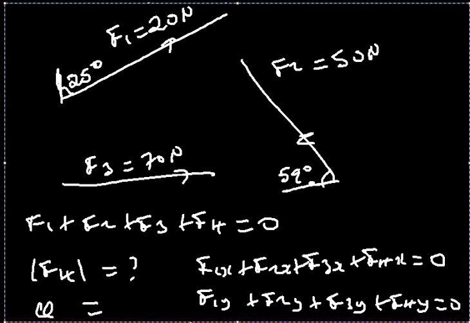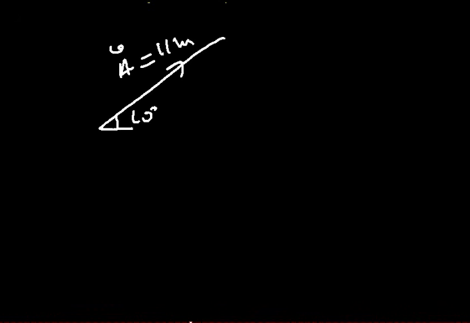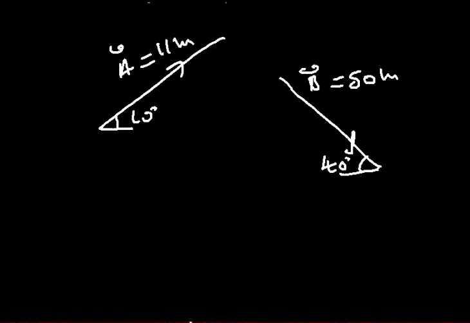Now what if we have a case like this? Let's say we have the vectors. This is a vector A, 11 meters, acting at 10 degrees. And let's say we have another vector B, which is 50 meters, and the angle is 40 degrees.